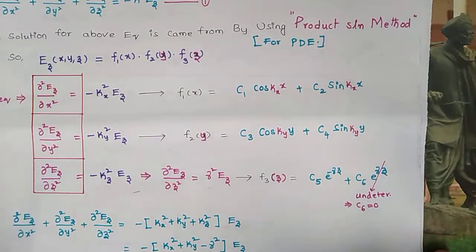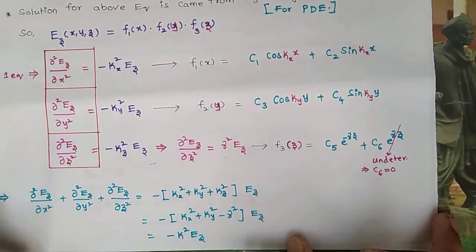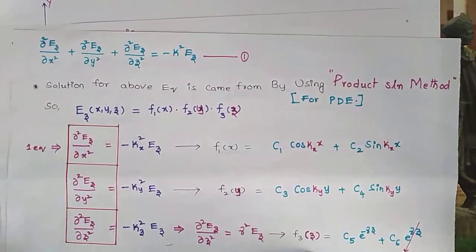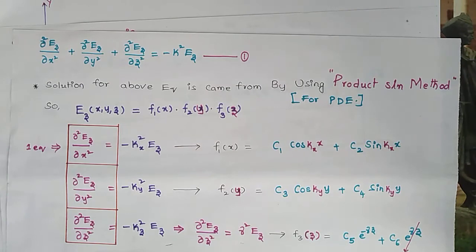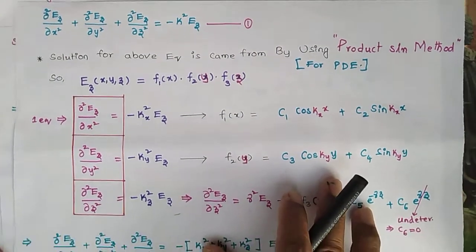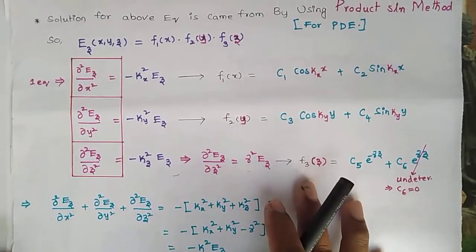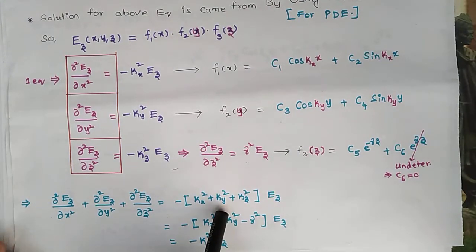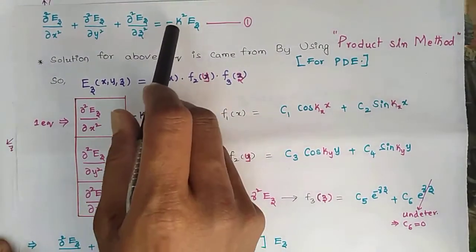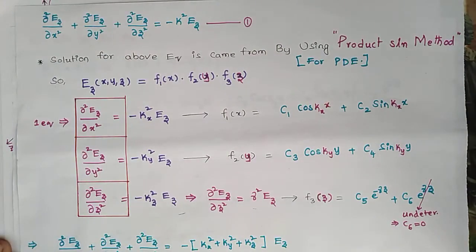Now I can write this equation: dou square Ez by dou x square plus dou square Ez by dou y square plus dou square Ez by dou z square equals minus k square into Ez. On the right hand side there is k, but for the partial differential equation I consider kx, ky, kz.